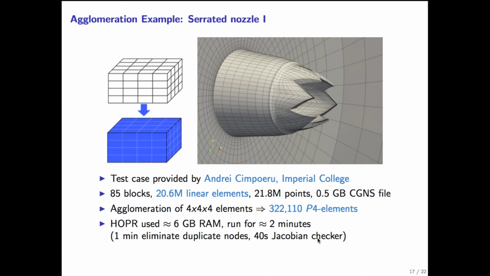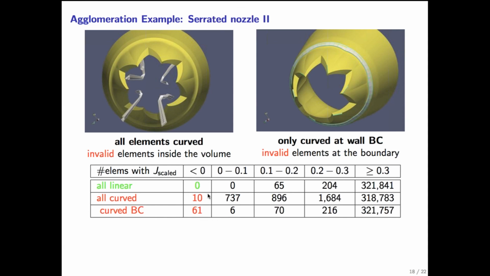And when we did this, first of all, we checked that the linear mesh was valid. So here we have all elements linear, and we look at the scaled Jacobian, and it's valid for this mesh. And once we curved all elements with this agglomeration approach, we saw that inside the volume we had some negative Jacobians, so invalid elements.